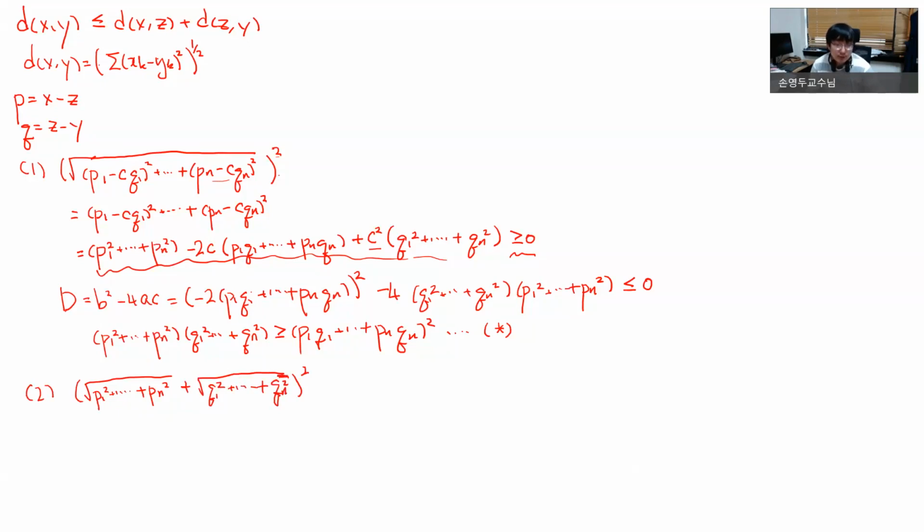Then it will become (p1 squared plus ... plus pn squared) plus (q1 squared plus ... plus qn squared) plus 2 times the square root of (p1 squared plus ... plus pn squared) times (q1 squared plus ... plus qn squared).